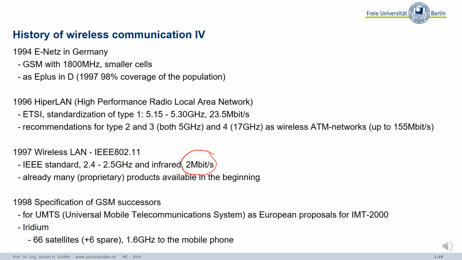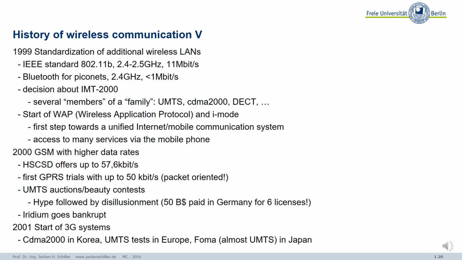And end of the 90s, we had the first specifications for the successors of GSM, because at that time it was already clear we need the support of more and more data services. That was the upcoming UMTS. And also the hype around satellites, global satellite services like Globalstar, Iridium, etc. Then we had more and more standardization for wireless LANs, the start of Bluetooth, then the decision about the new third generation standards, different standards there.